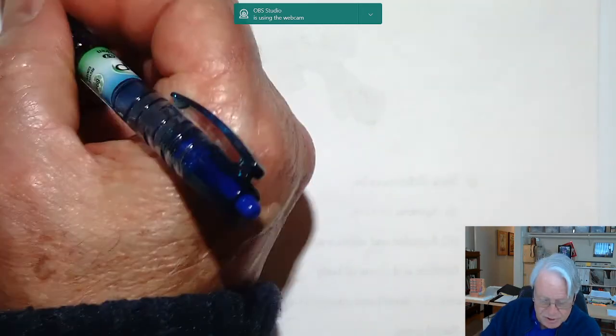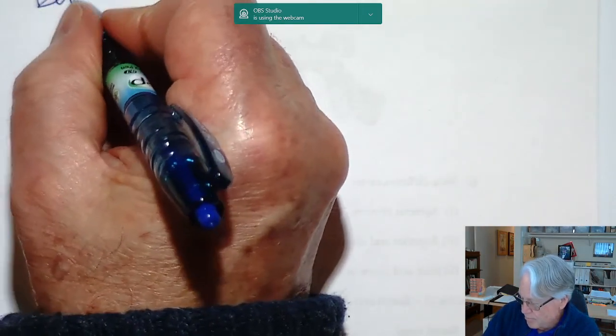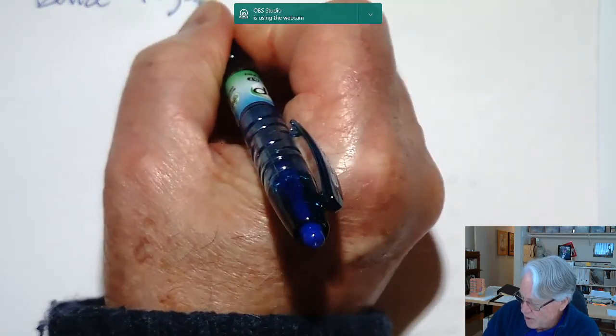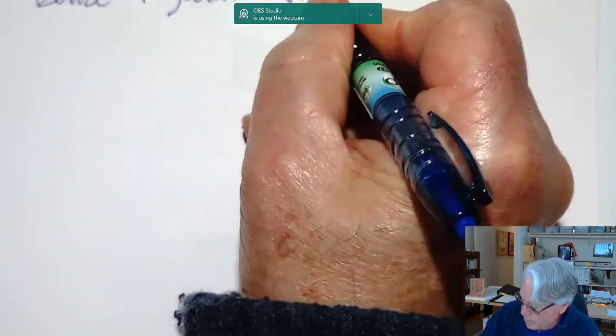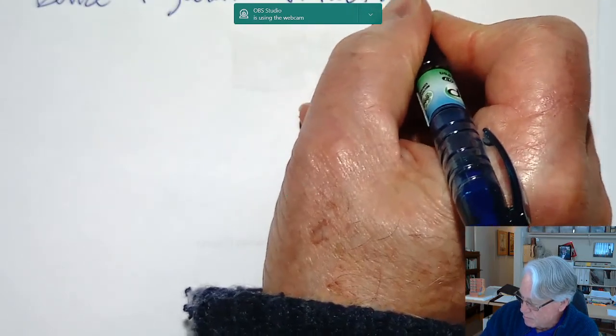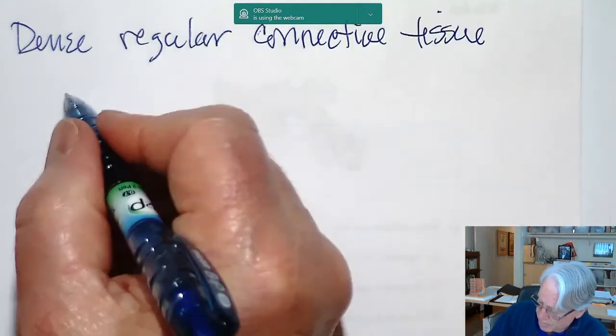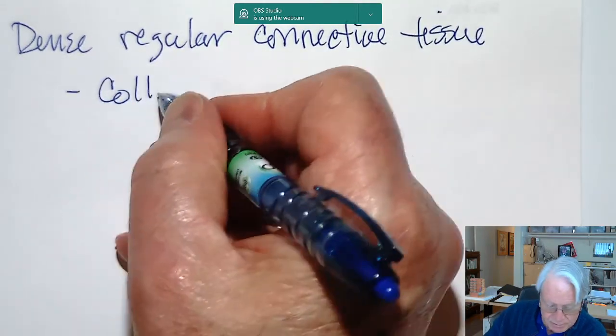So number 4 on our list then is going to be dense, regular connective tissue. And here we have collagen fibers.